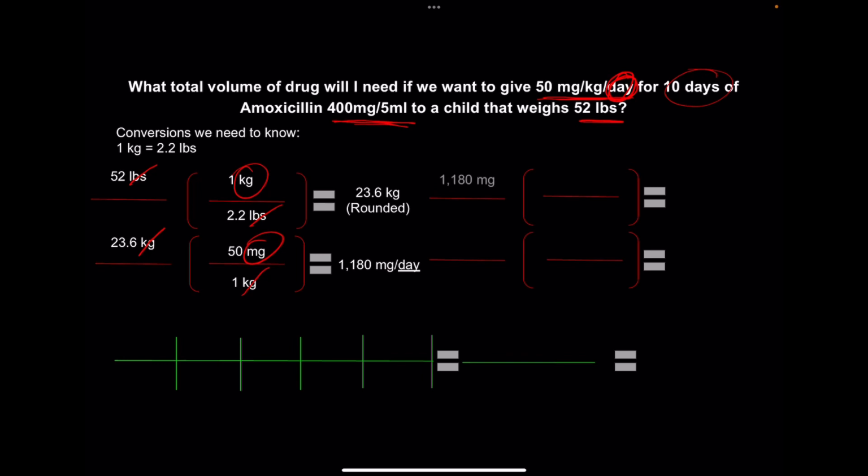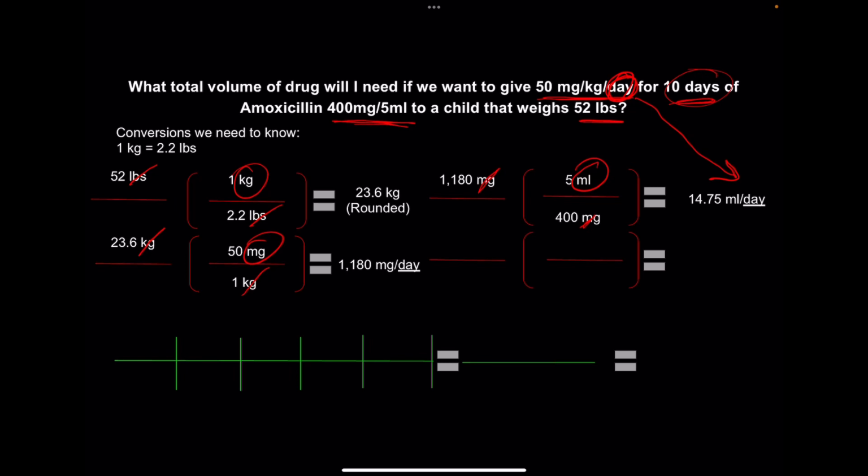We will continue to bring that up and convert that into a volume now. We know that it's 400 milligrams per 5 mLs, or 5 mLs per 400 milligrams. We want our milligrams to cancel out so that we are left with mLs, and that gives us 14.75 mLs per day. Remember, it is for a day, but we are looking for 10 days.